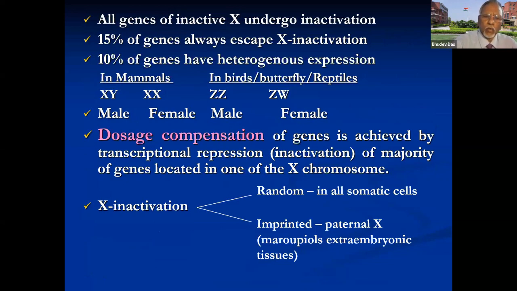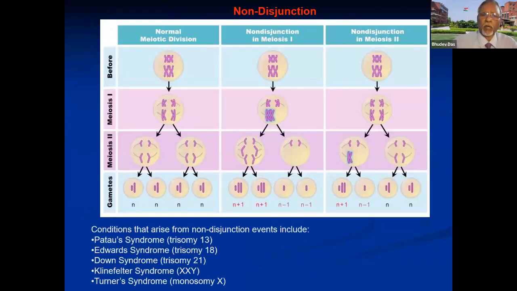So it is not totally inactive, there are some functions also. In mammals, it is XX, XY, and dosage compensation is achieved by transcriptional repression or inactivation of the majority of genes located on one of the X chromosomes, and it is random, as I have already told.